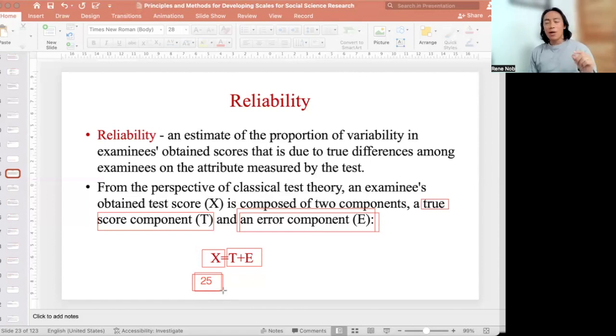For example, if I took the test and I'm a bit hungry, and because I'm hungry, I'm slightly rushing in selecting my responses, that might slightly contaminate the truthfulness with which I am answering. That introduces some kind of error component. Or, for example, I misread some of the things in the items. That also introduces some kind of error component.